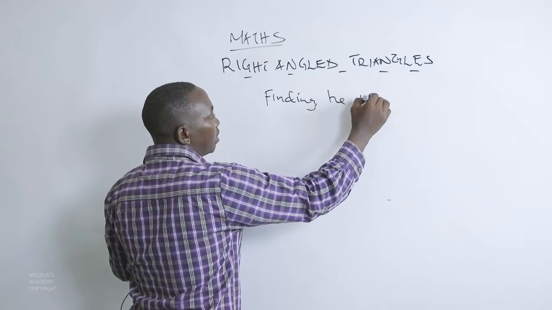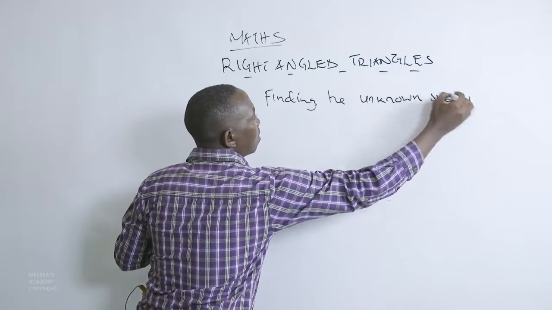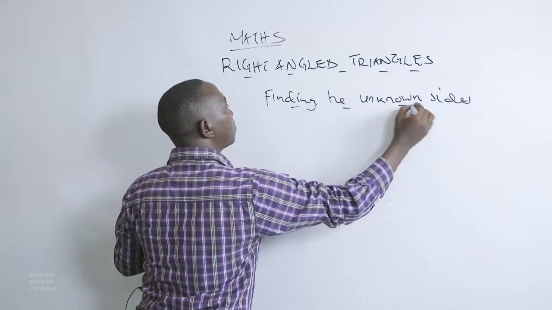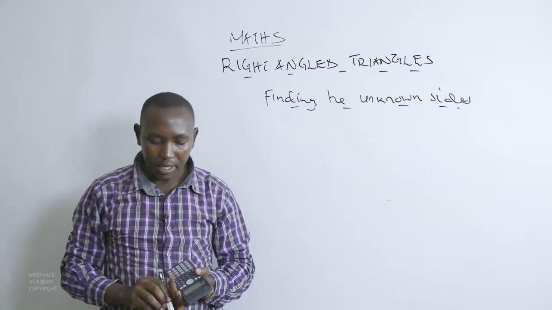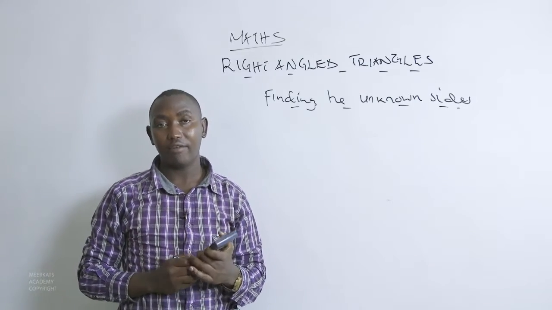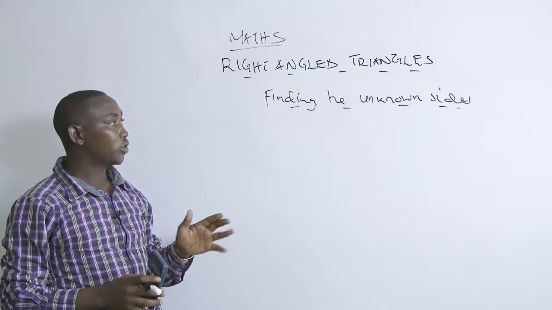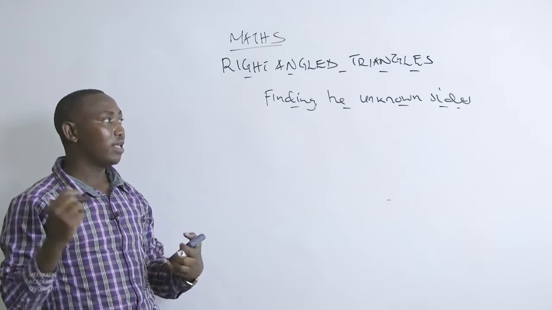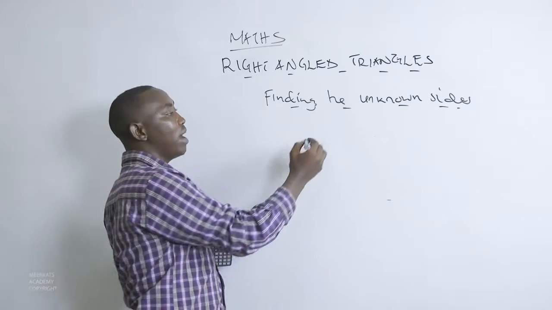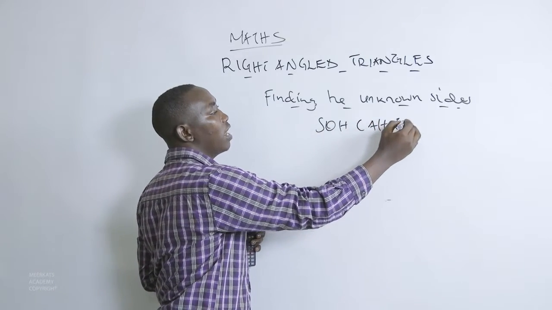Trigonometric ratios can be applied in finding the unknown sides of a triangle, so long as you know how to manipulate the three trigonometric ratios by use of SOHCAHTOA.